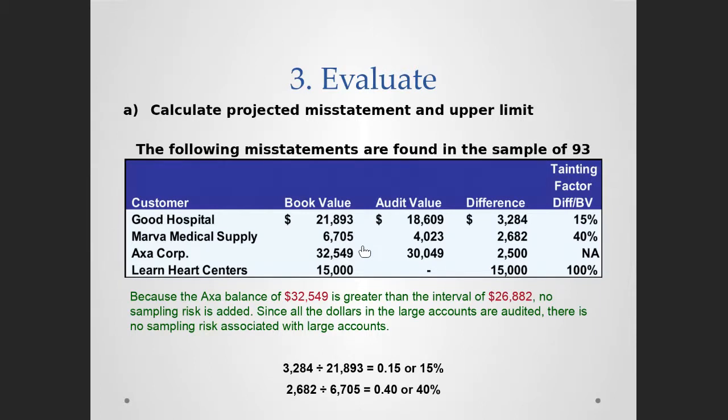We only found a mistake in one of them, and the mistake is 2,500, and we are going to use that number. We don't need to calculate any percentage because we took all of those numbers in our sample. Now this is a very, very involved point. Do you understand why we are not calculating the percentage?